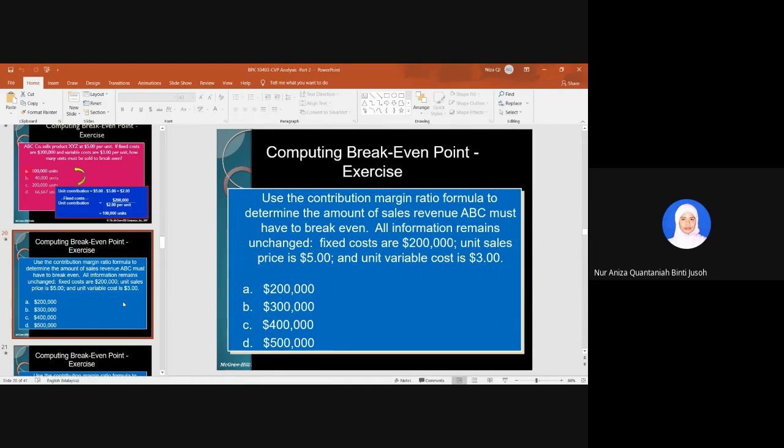Jawapan dia memanglah you boleh senang je 100,000 darab dengan 2 tu, tapi sekarang ni I don't want you to use the simplified approach. So do it step by step, but now use the contribution margin formula. How do you get the contribution margin formula? You have already got the contribution margin per unit. So now you have to find the CMR ratio. So what will be the CMR ratio?